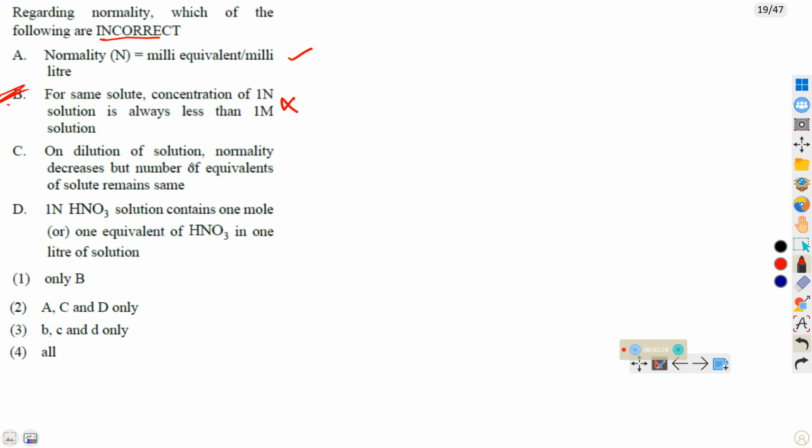On dilution of solution, normality decreases, but number of equivalents of solute remains the same. Correct. Normality is inversely proportional to volume. One normal HNO3 solution contains 1 mole or 1 equivalent of HNO3 in 1 liter solution. Correct. Normality is equal to molarity into n. Only statement B is wrong.